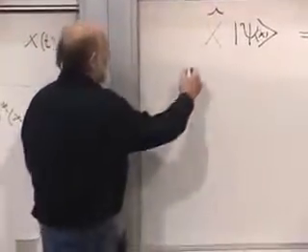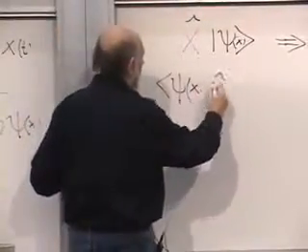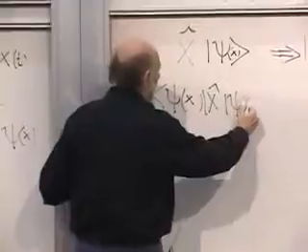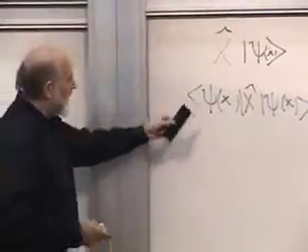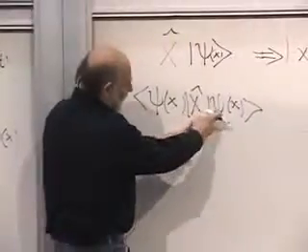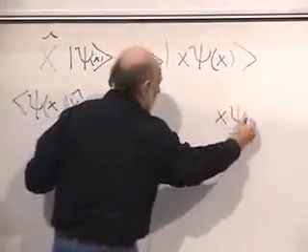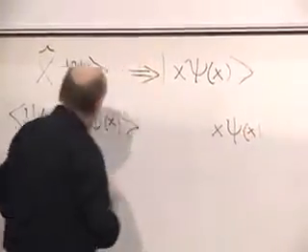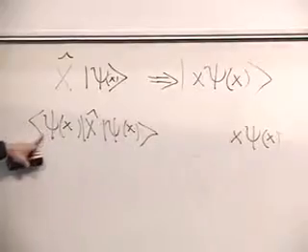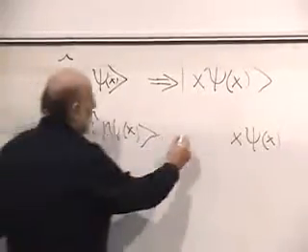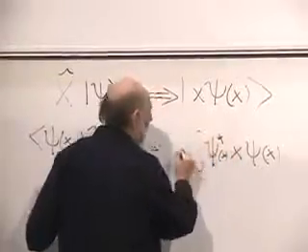All that means is that <psi of x| x hat |psi of x> is real. But what is that? x times psi of x just corresponds to the function x psi of x. Taking its inner product with the bra vector psi of x means multiplying it by psi star of x and integrating.